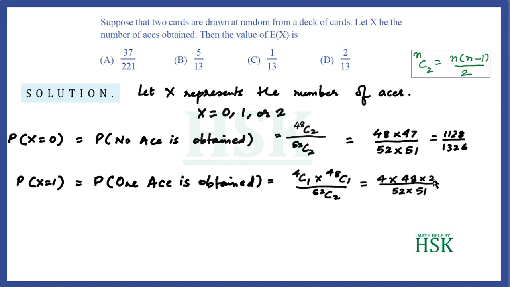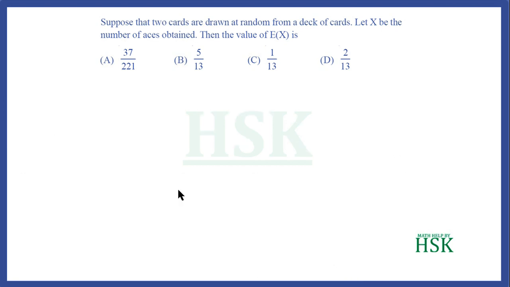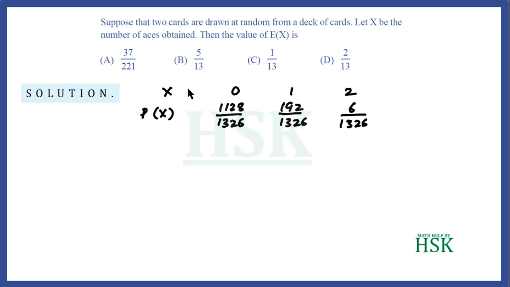The 2 goes to the numerator, and on simplification this gives 192 upon 1326. Similarly, the probability of X equal to 2, that is, both aces obtained, would be 4C2 upon 52C2. This is 6 into 2 upon 52 into 51, or 6 upon 1326. Now this is the probability distribution of the random variable X.